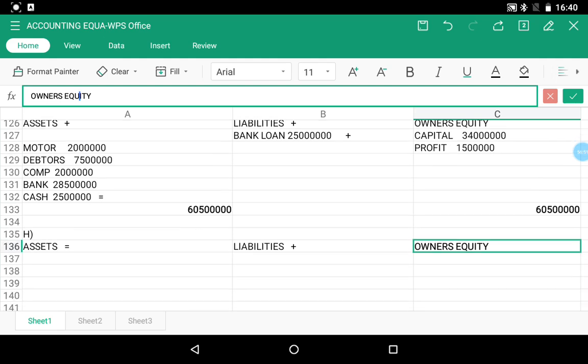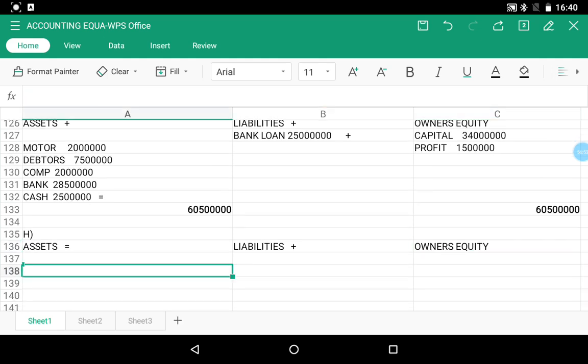So here we have our motor vehicle, 20 million.